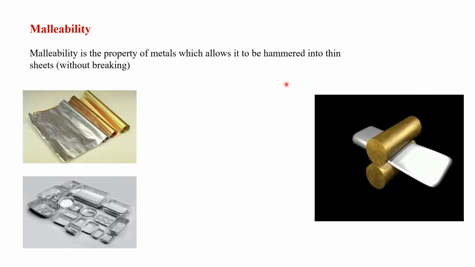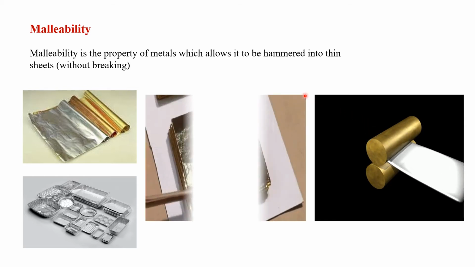This picture shows you the process, and here we can easily observe that a metal bar is pressed and easily converted to a thin sheet without breaking.